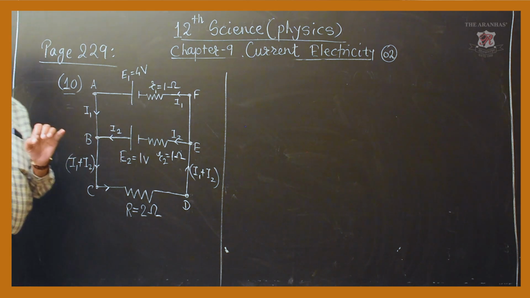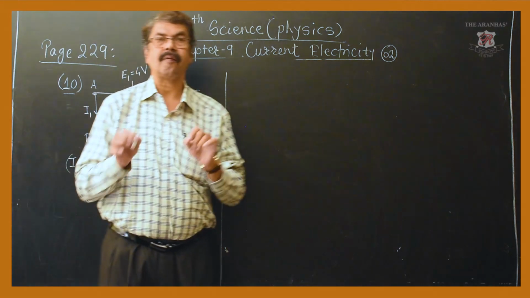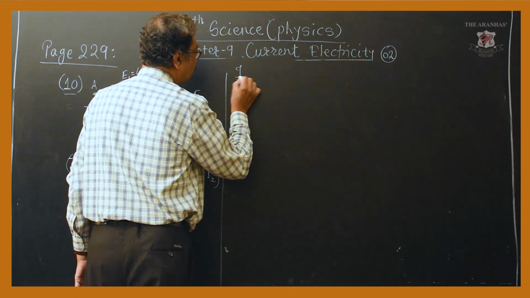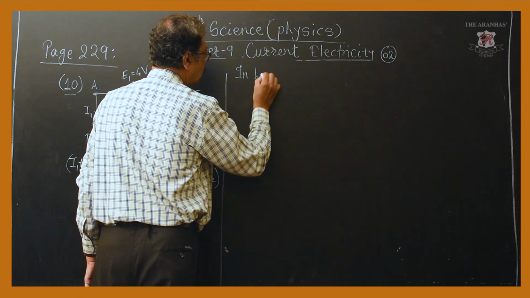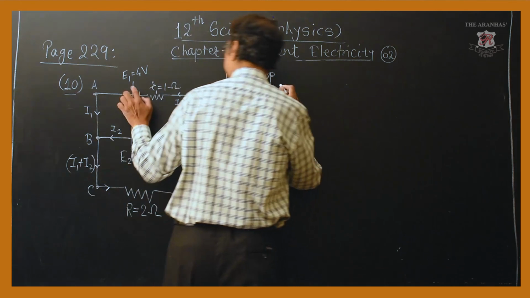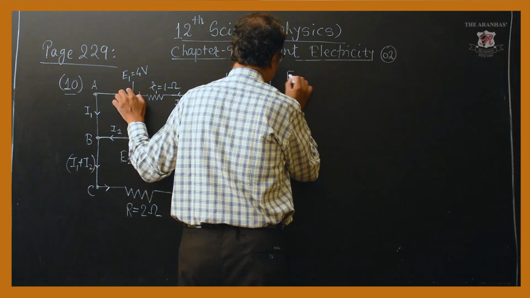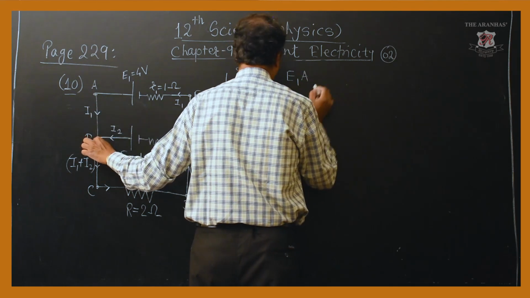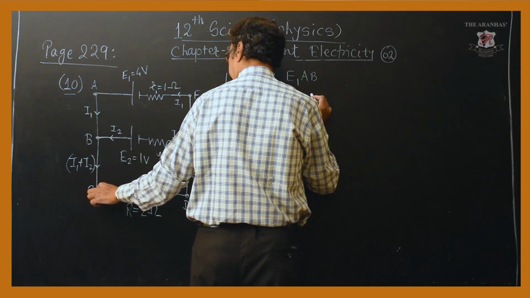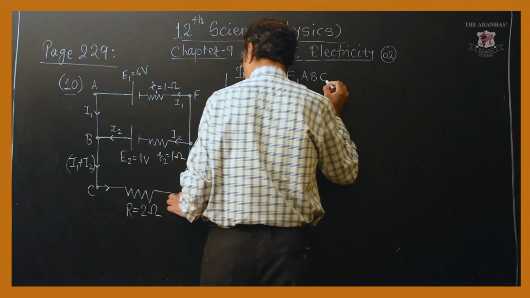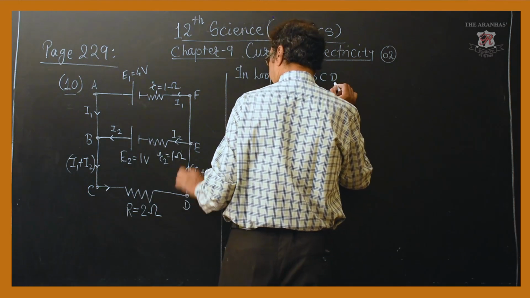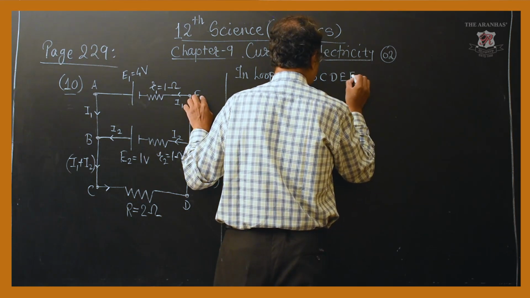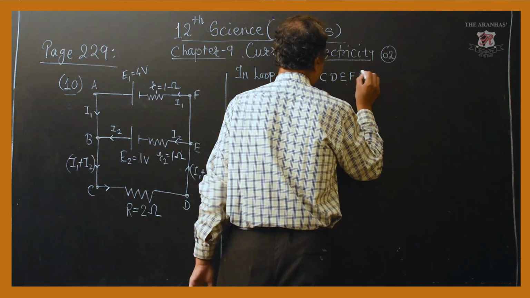Which loop am I considering? Generally consider the loop which consists of one cell only. So I am considering the loop, observe which I am selecting, starting from E1, moving to point A, moving to point B, moving to point C, moving to point D, moving to E, F, back to E1.